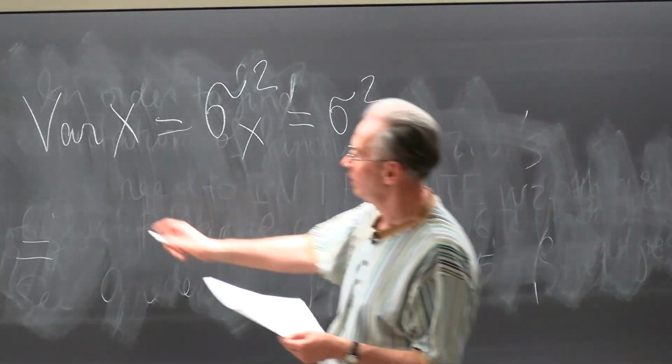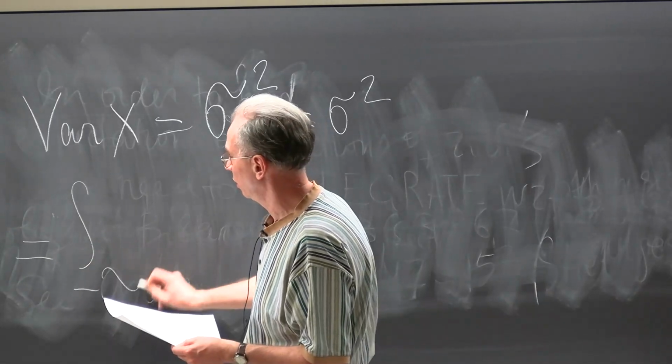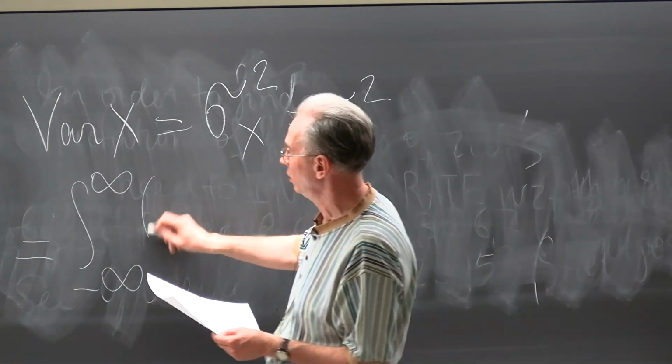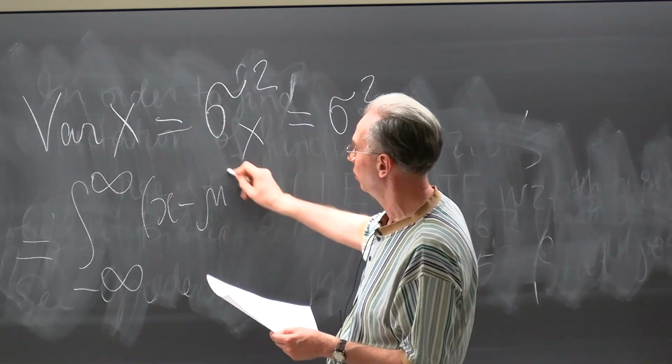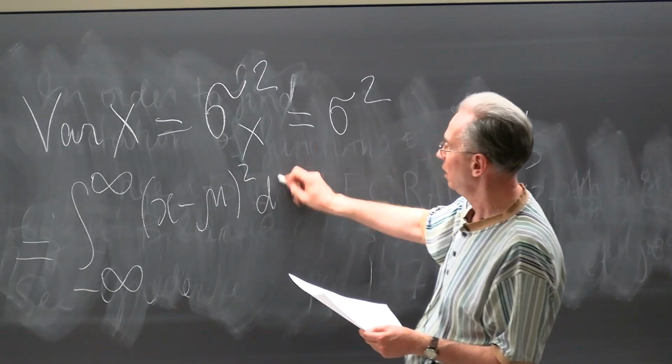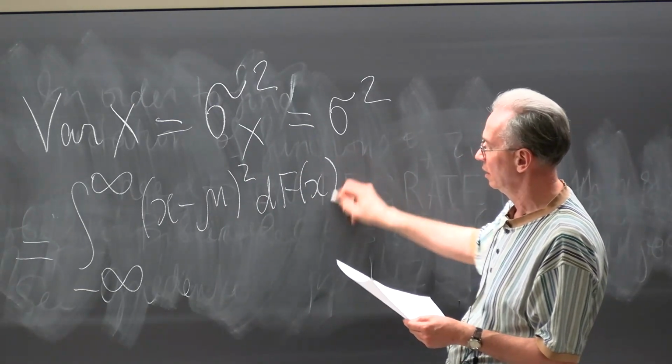And the variance is the integral from negative to positive infinity of (x minus mu) squared dF(x).